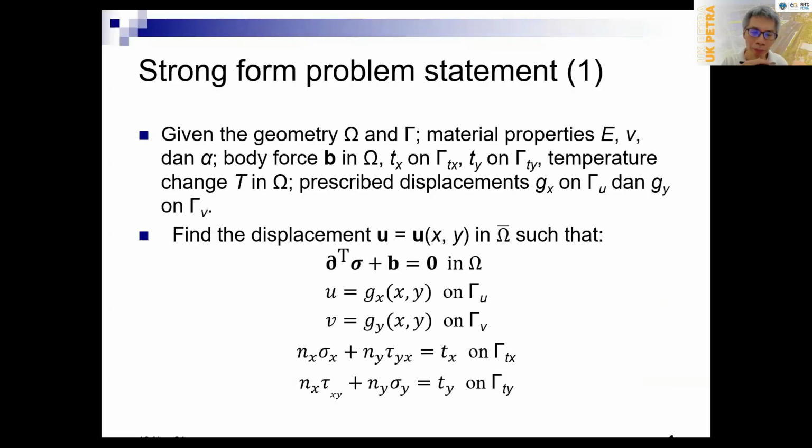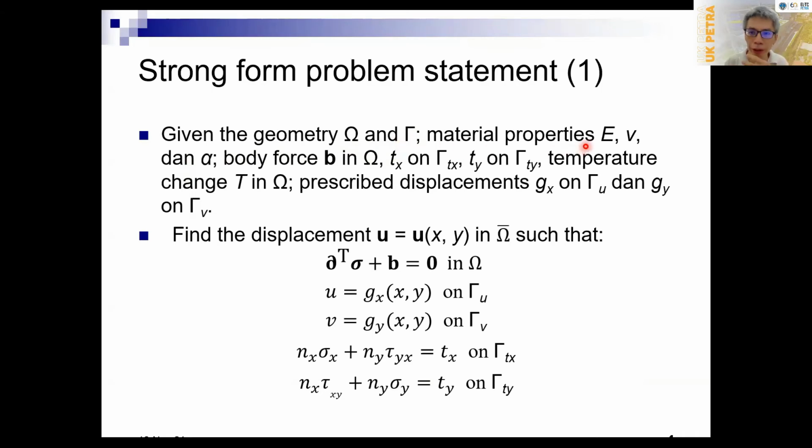What's the problem? The problem is we can make a statement like this. Given the geometry omega and boundary gamma, so we have a specific problem, with specific omega and gamma.